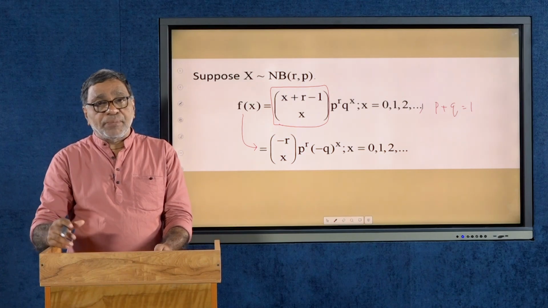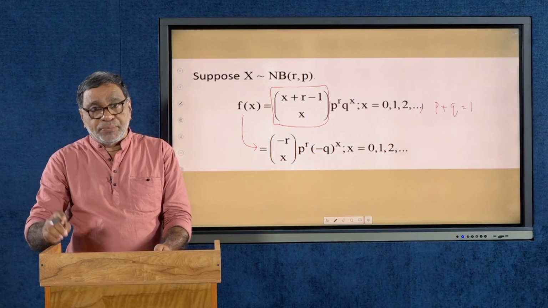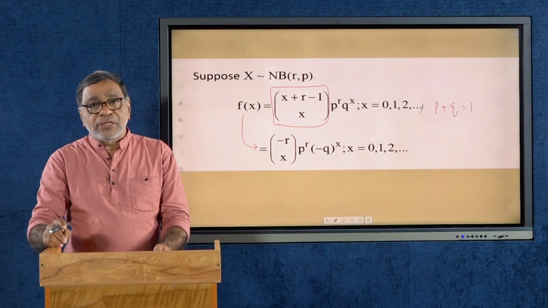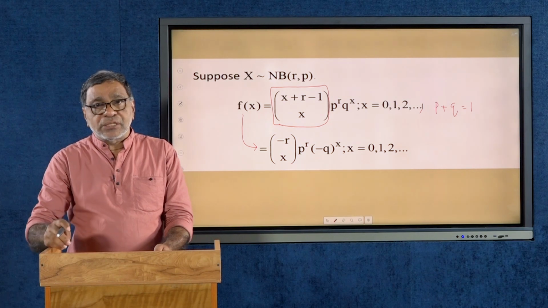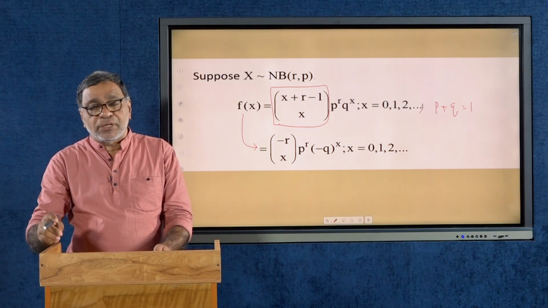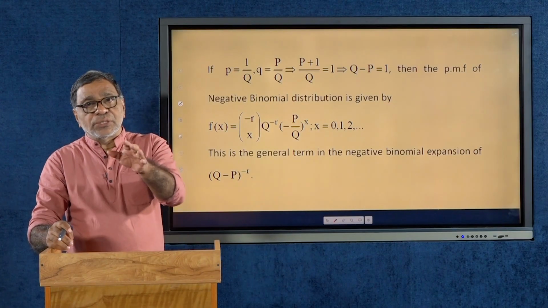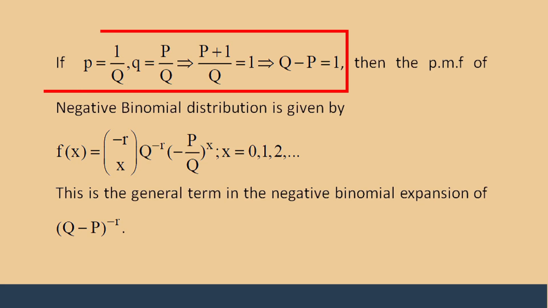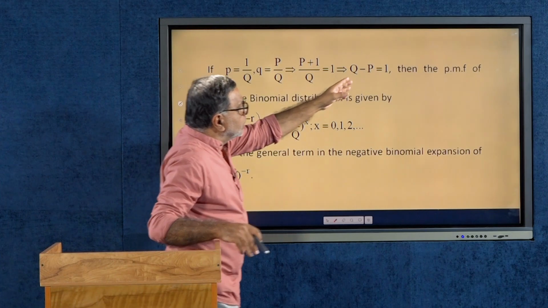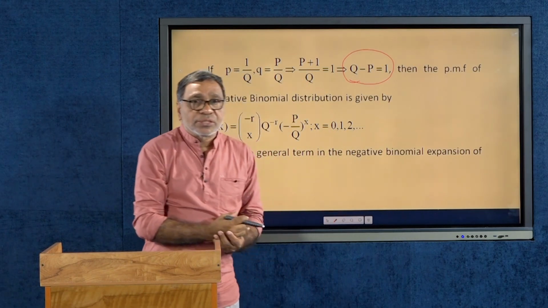And remember, capital P and capital Q are defined: Q is equal to 1 divided by p, and capital P is equal to q divided by p. And of course, Q and P satisfy capital Q minus capital P is equal to 1. All these matters are already given here, that is our p is equal to 1 by Q and q is equal to P by Q, and so we have established Q minus P is equal to 1, that already we have discussed.